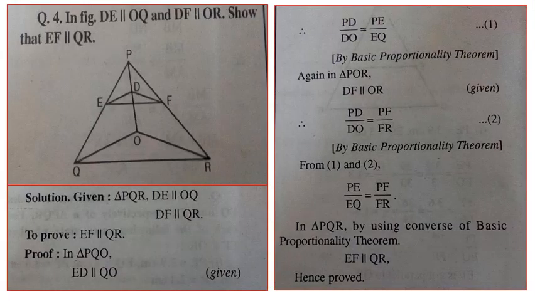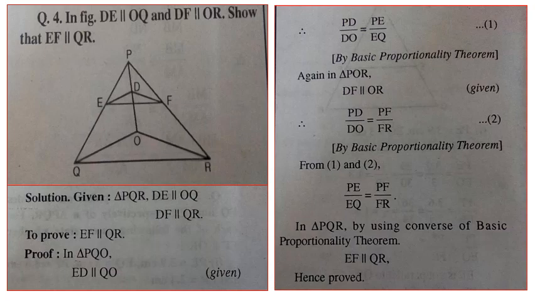Question number 4. In the given figure, DE parallel to OQ and DF parallel to OR, then show that EF parallel to QR. Solution: given triangle PQR, in that DE parallel to OQ and DF parallel to OR.